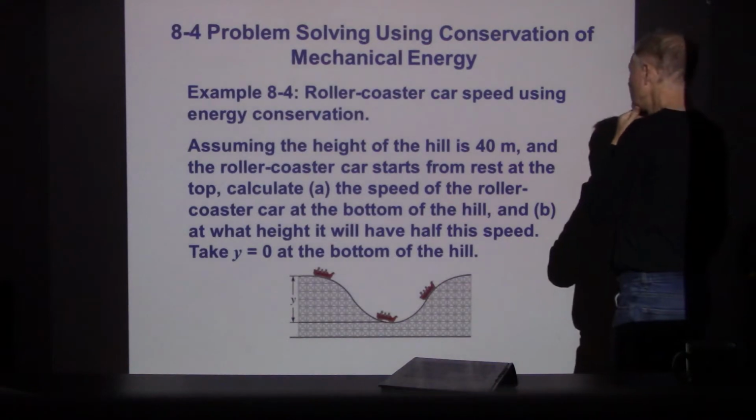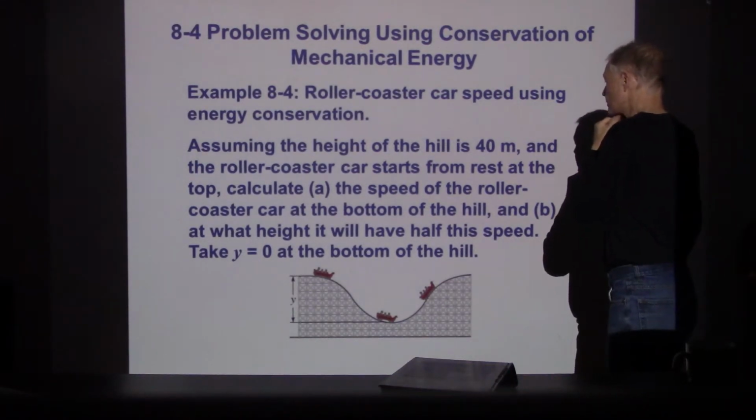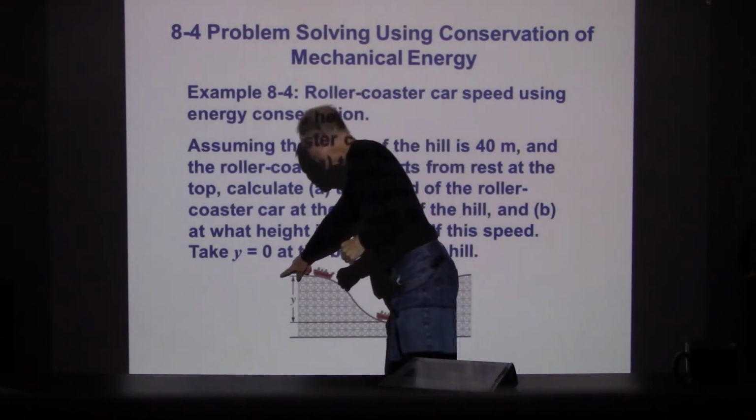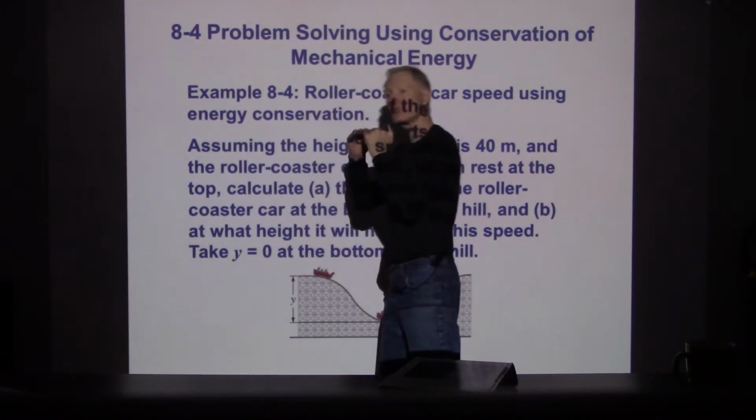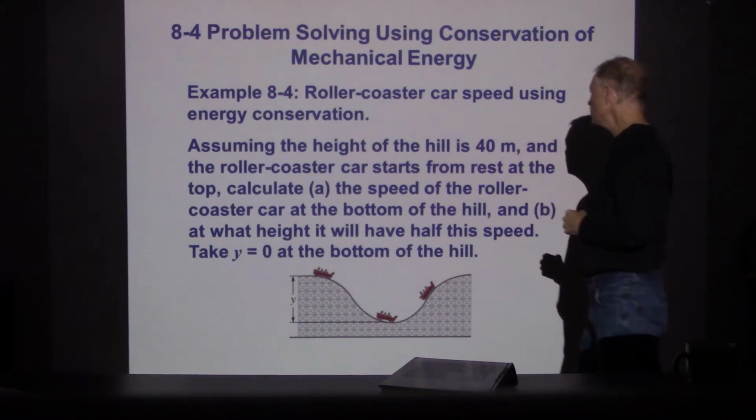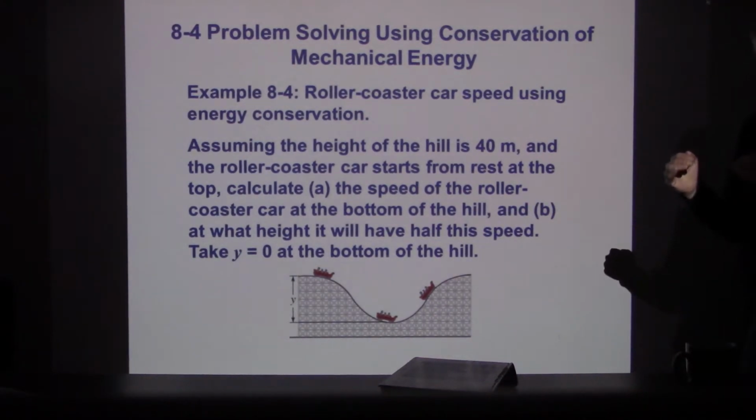And the roller coaster starts from rest. So I guess the roller coaster has been pulled up to this location and then given a very gentle push over the edge. So we're treating that as starting off at rest.